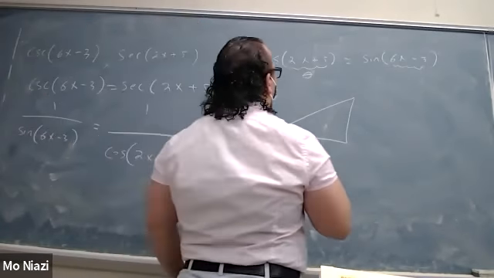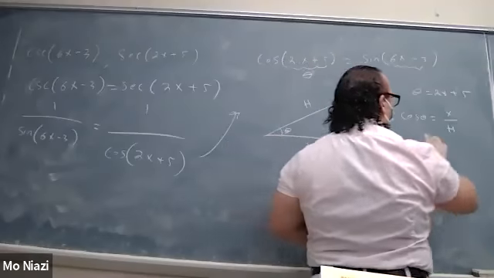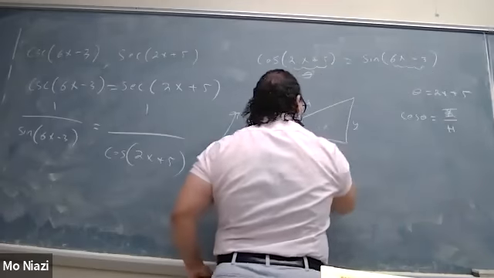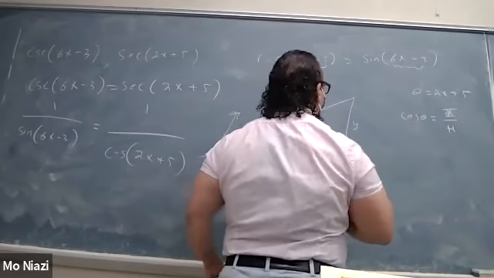All right. And then we could say, okay, let's say that cosine of theta is some x over h, like usual, where this is x, this is y, this is h. Oh, and let's not use x. Not that kind of x. Let's use a capital X to avoid confusion.